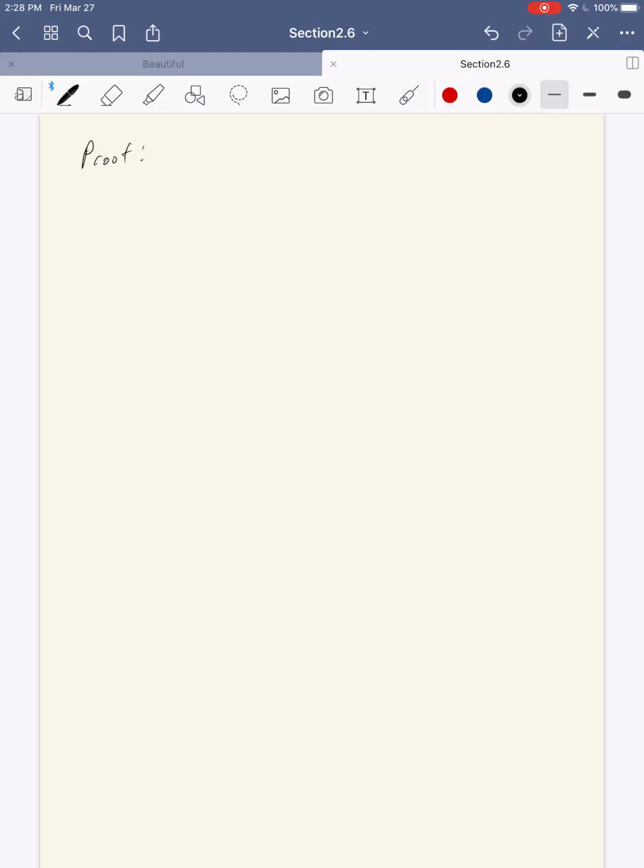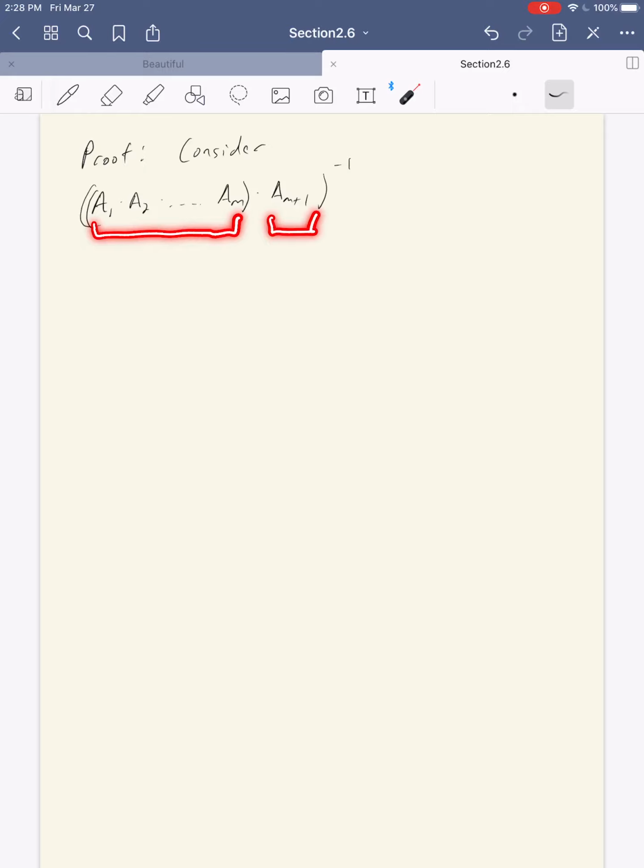All right. So let's go ahead and consider A1 times A2 times up to AM plus 1 inverse. What we're going to do is group all of these together with this last one separated. So now we have two matrices. This giant product here is treated as one, and this single matrix here is treated as the other.